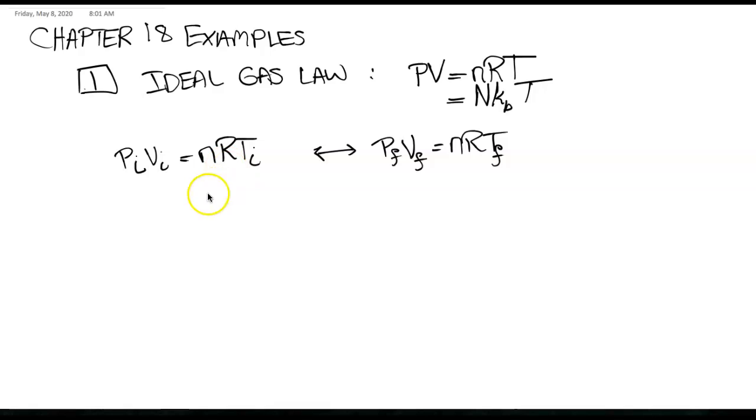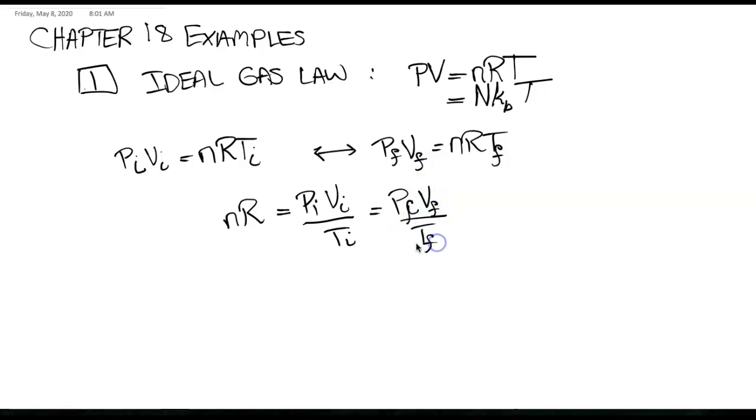And if we notice that the nR, since both of those are constant, if we solve for nR from either equation, we're going to get the relationship that the pressure times the volume over the temperature has to be the same whether it's the initial condition or the final condition. We're assuming V final equals V initial because there's no volume change.